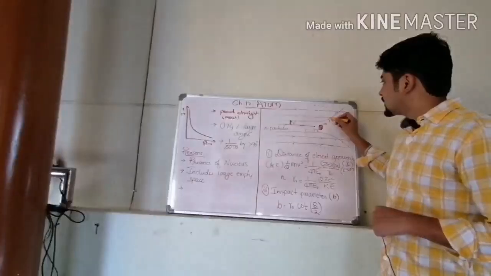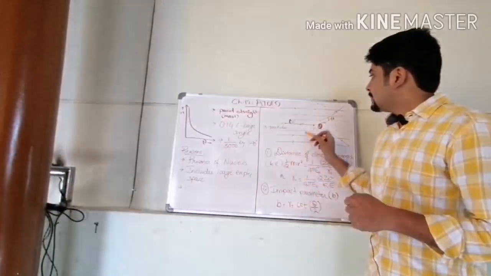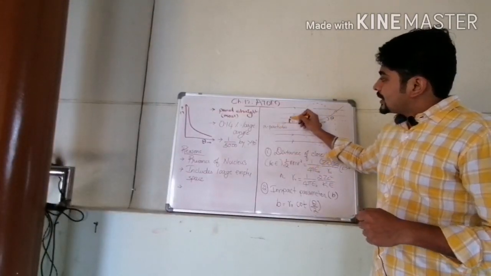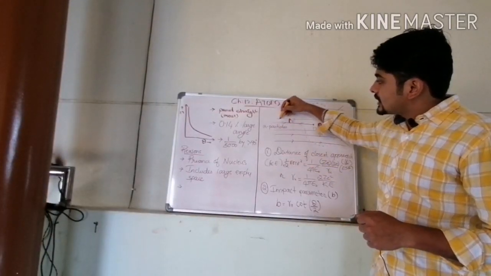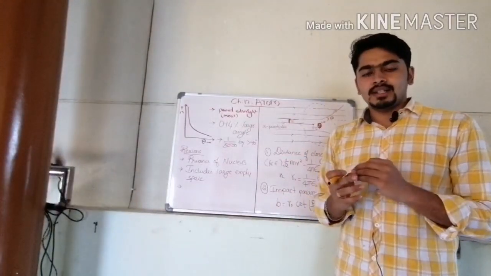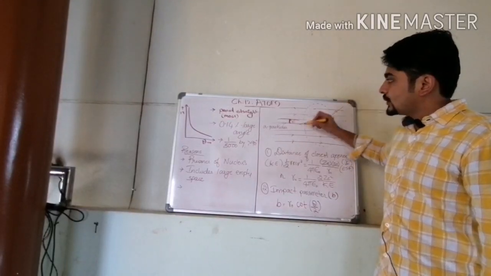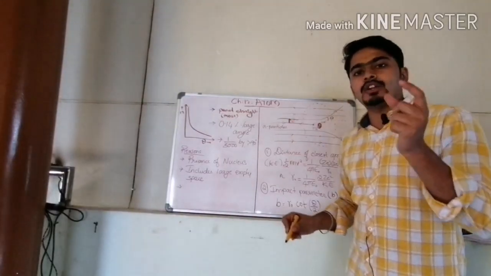Here theta is included, meaning the scattering angle is also included. Initially the particle has no impact on the nucleus; only after the interaction does it get deviated. So we are considering the initial velocity vector here.